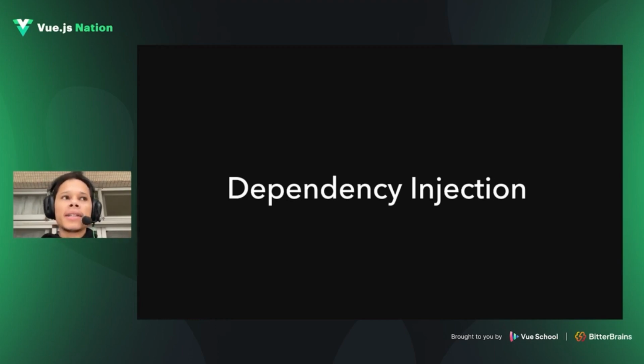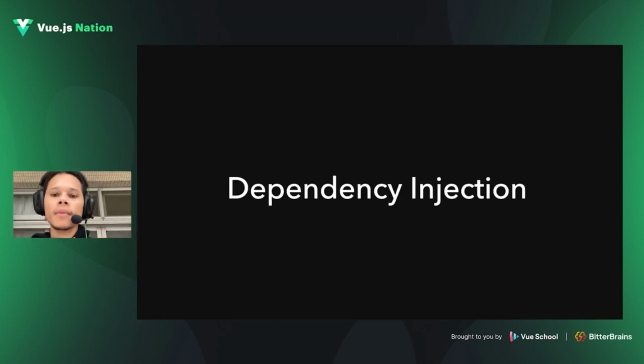Let's see how we can apply this to our useDatabase example. We have this composable that allows us to interact with the database, but we don't want it to be responsible for actually creating the connection with the database.